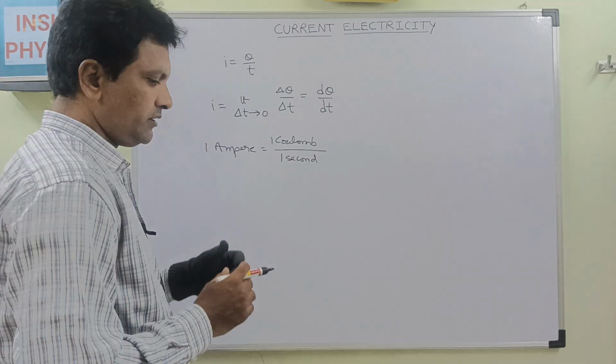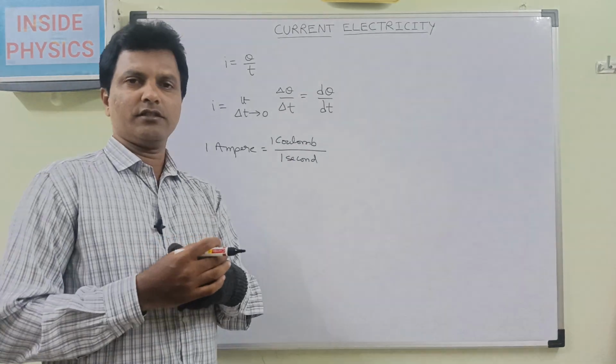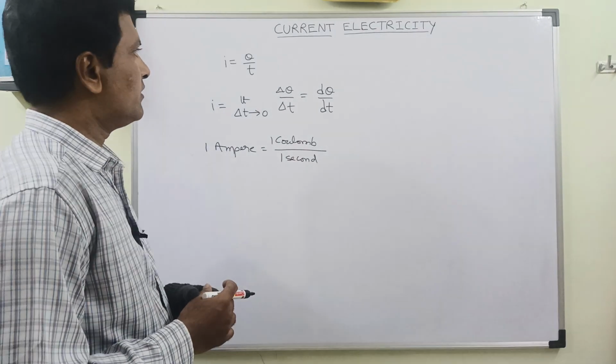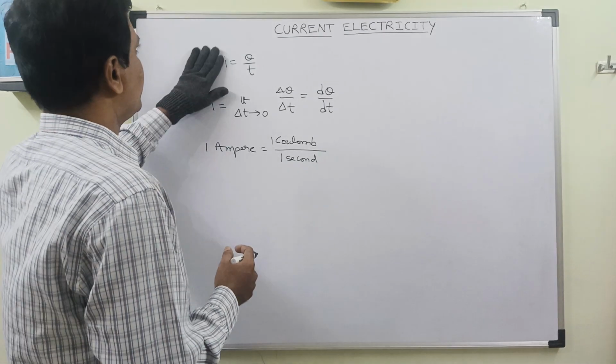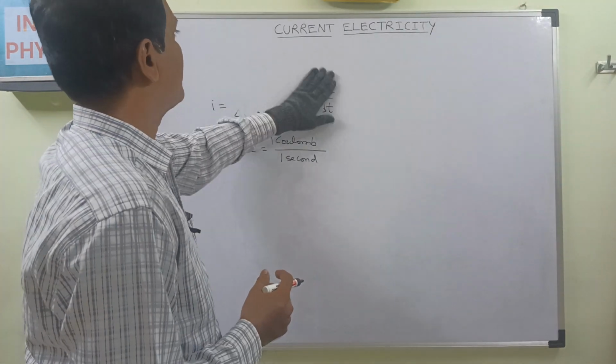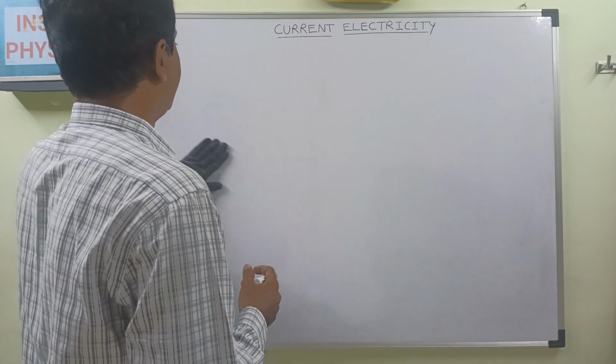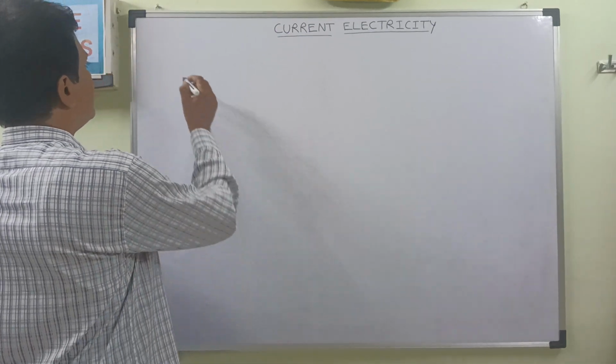So these are the basic definitions of electric current, and now we see some of the applications of electric current. What are the applications?